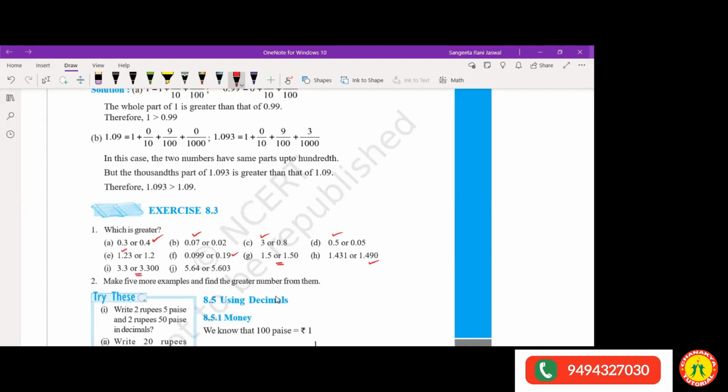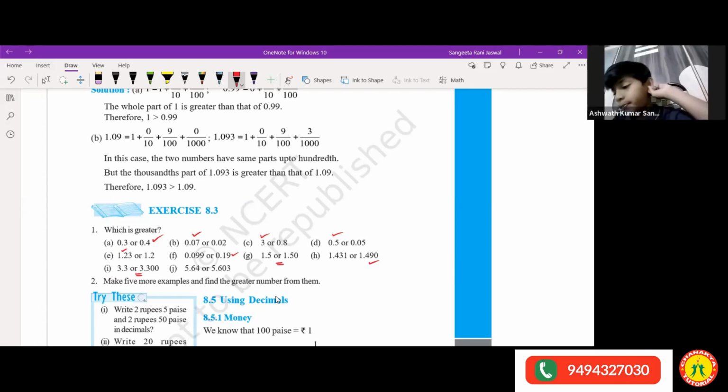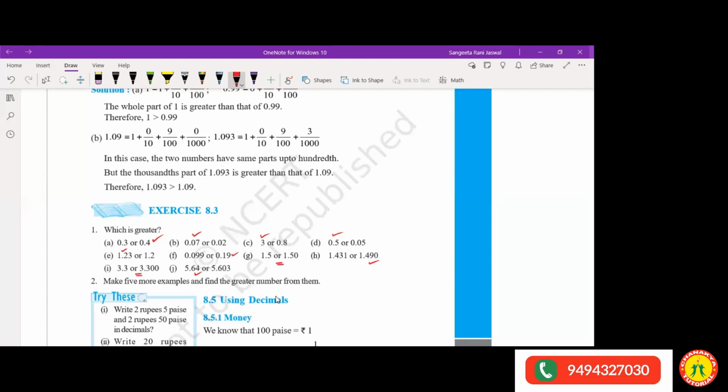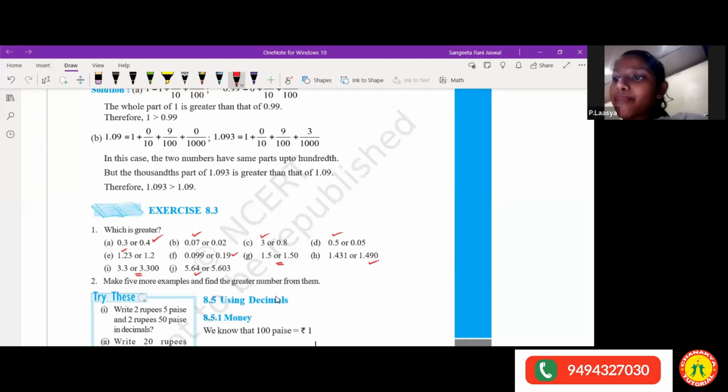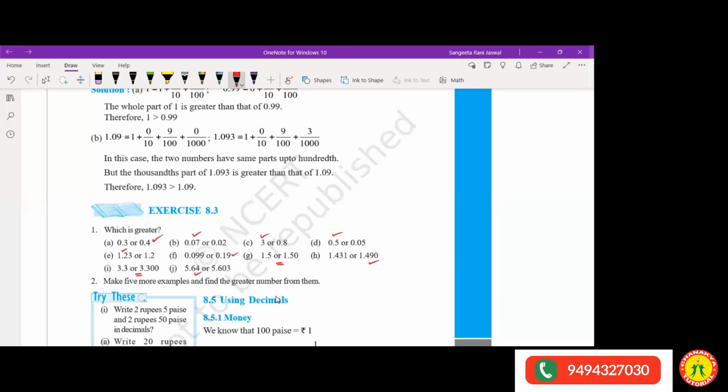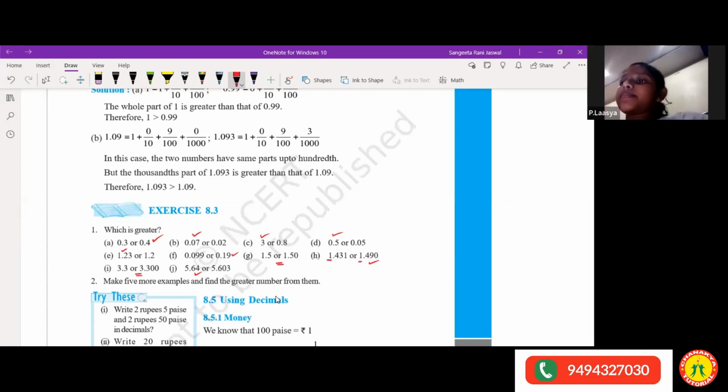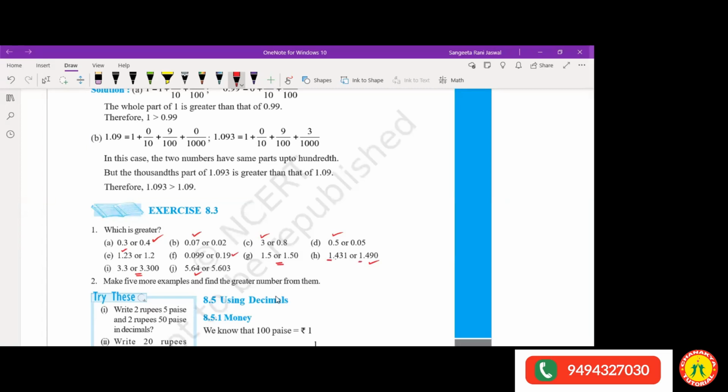5.64 or 5.603? 5.64. Ma'am has a doubt in this one. Yes, tell me. See here, first you compare the first number, both are same. Then there is a decimal point, then the tenths place is also the same.